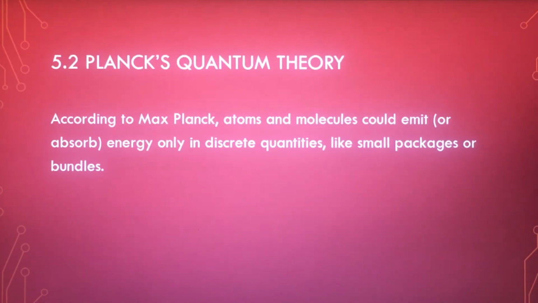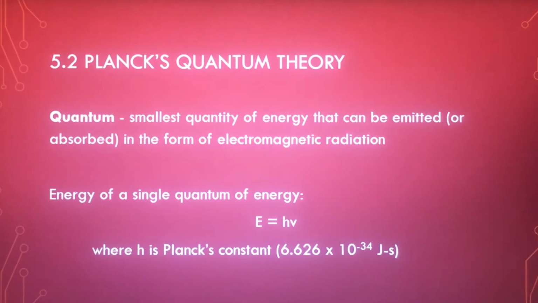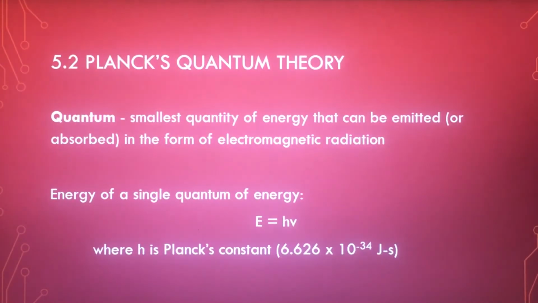It's just like a whole number for the atoms and molecules. And this quantization of energy, according to Planck, he called quanta or quantum. So a quantum is the smallest quantity of energy that can be emitted or absorbed in the form of electromagnetic radiation.